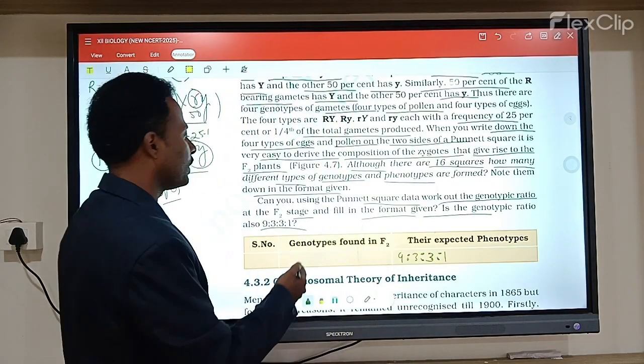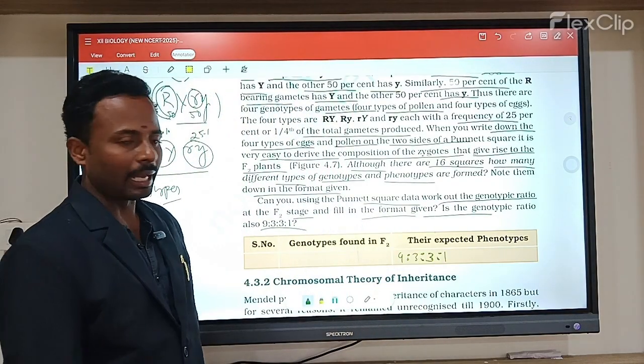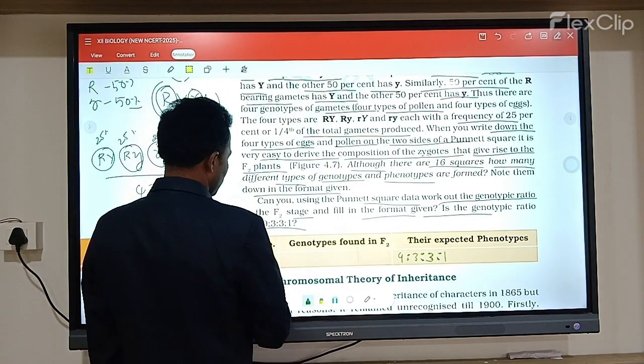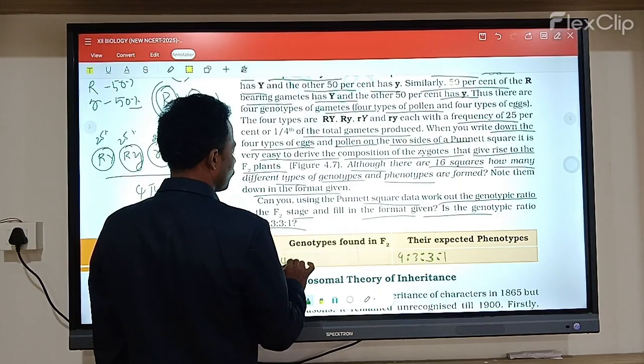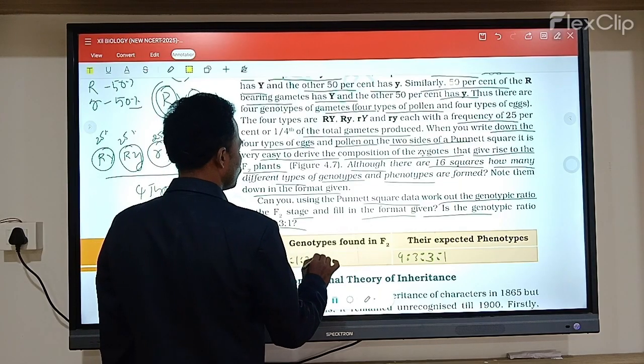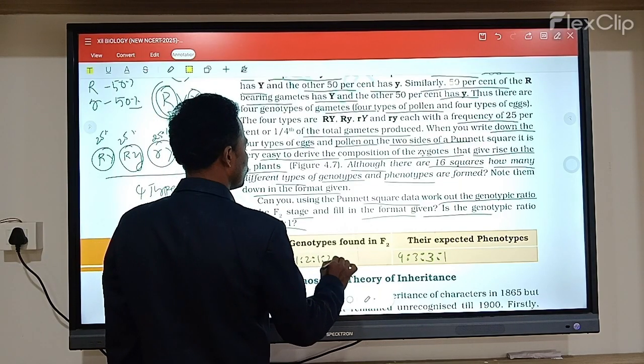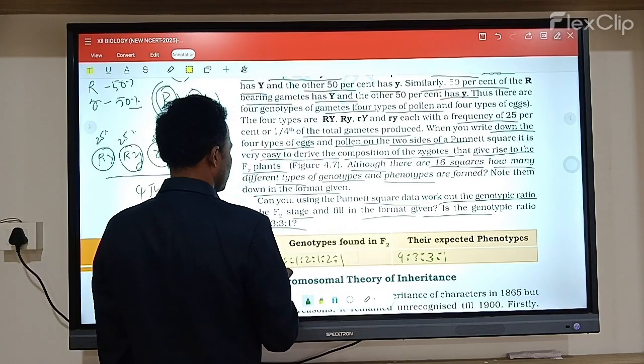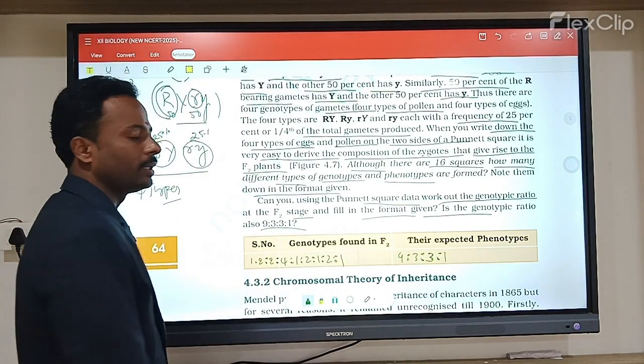And the genotypic ratio when you observe the dihybrid cross is 1:2:2:4:1:2:1:2:1. Yes? This is completely the dihybrid cross.